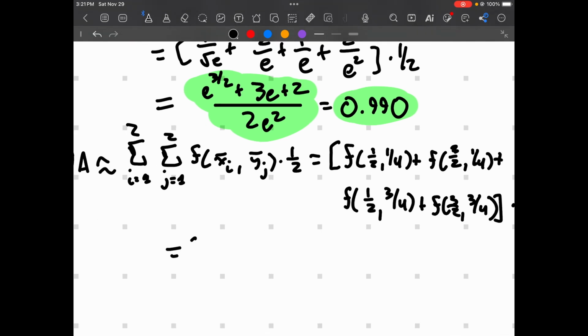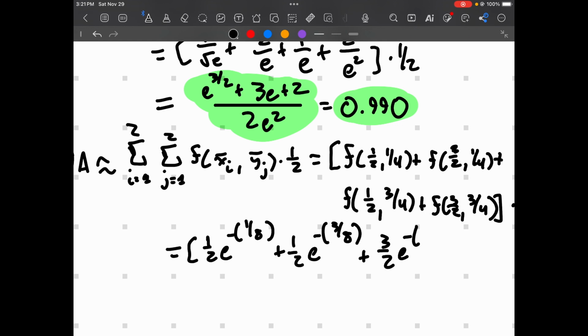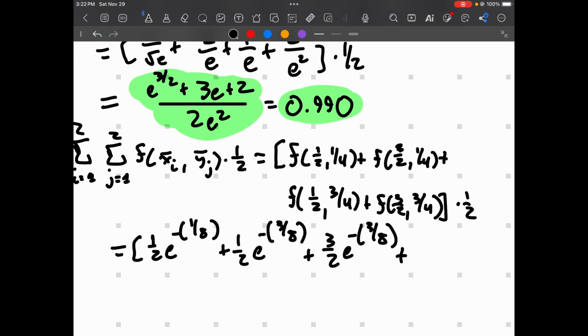And this is equal to 1/2 e to the negative 1/8 plus 1/2 e to the negative 3/8 plus 3/2 e to the negative 3/8 plus 3/2 e to the negative 9/8.